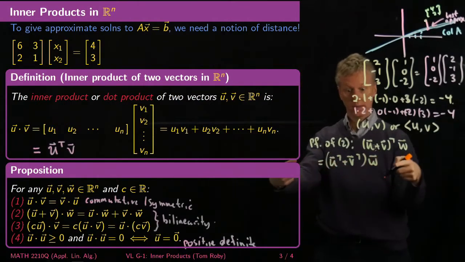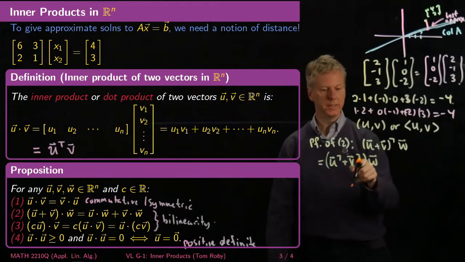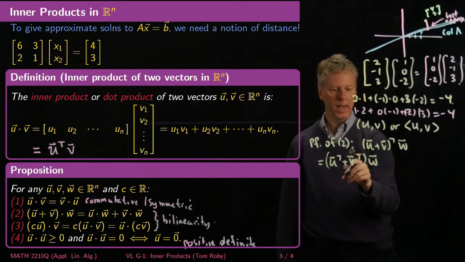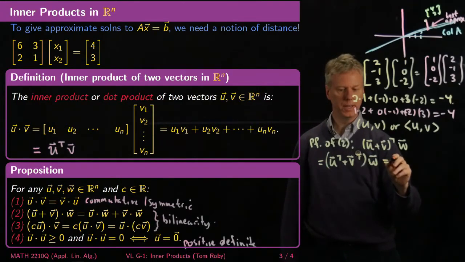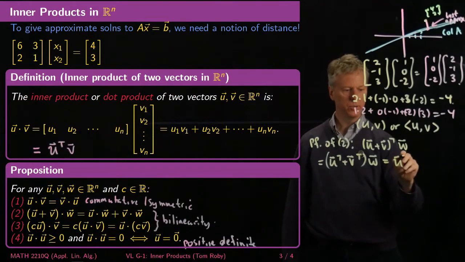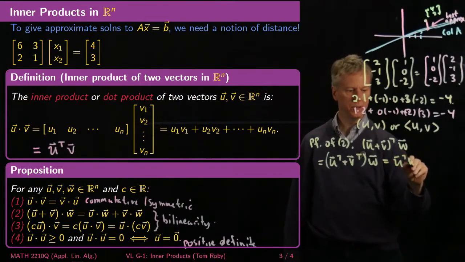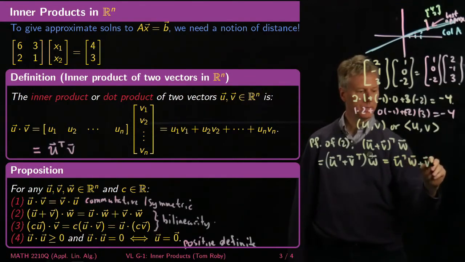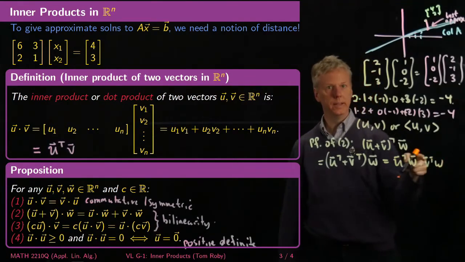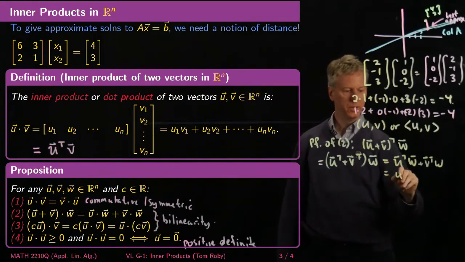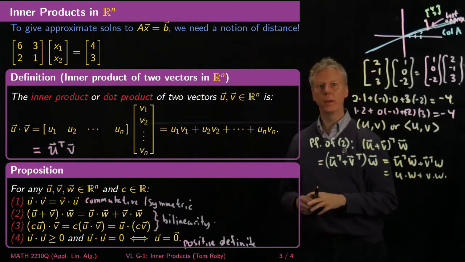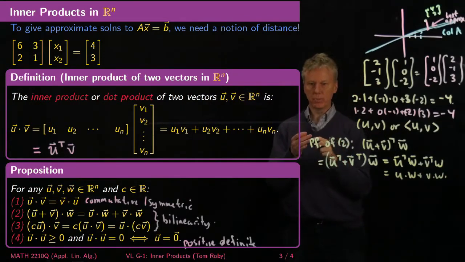Now we know that matrix-vector multiplication, however you want to think about it, has this property of distributivity. So then this is just u transpose w plus v transpose w, and then each of these is just equal to u dot w plus v dot w. Okay, so there's not much to this proposition.